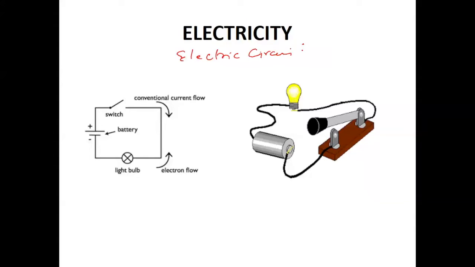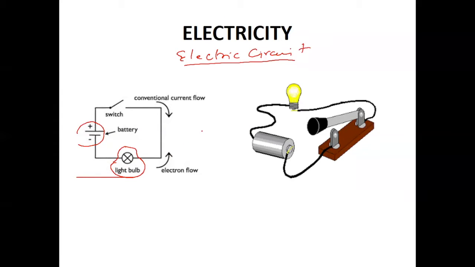In the electric circuit, what are the main components? One is the battery, and this is a positive terminal and negative terminal. And there is a switch, and this is a wire. Okay. And there is a light bulb. This is a bulb. Okay. So these are the required.